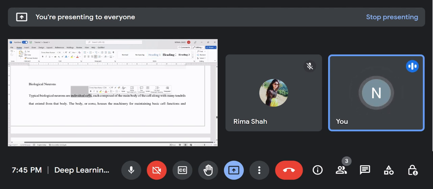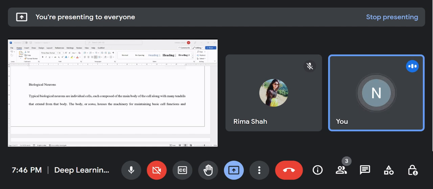A biological neuron comprises a main body, the cell body, which has tendrils or dendrites that extend from the body. As I already said in the previous document, they are like filaments. These neurons in our brain are individual cells, and they expand in the form of filaments, known as dendrites and axon.